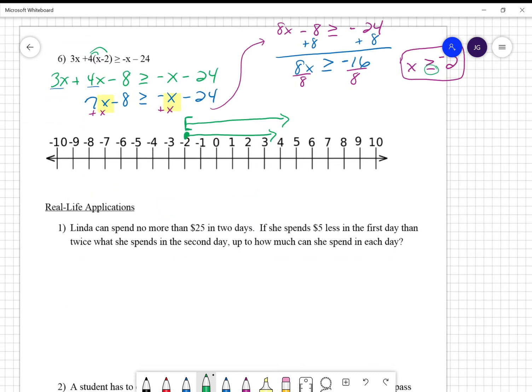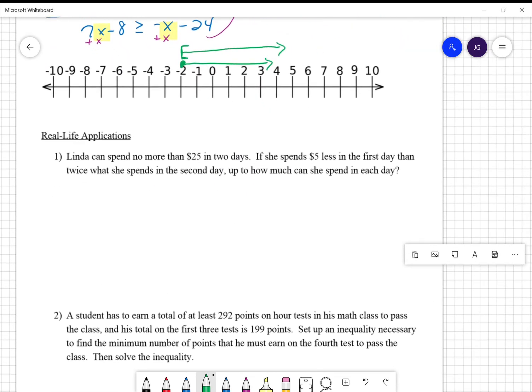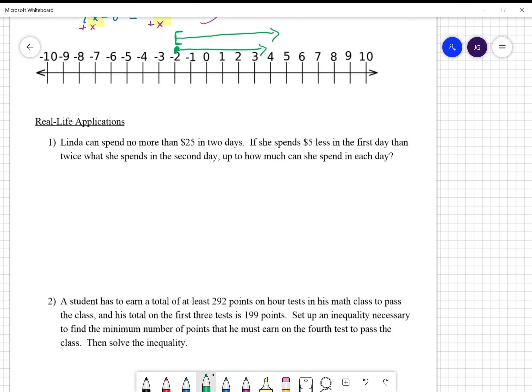Okay, word problem or two. Linda can spend no more than $25 in 2 days. If she spends $5 less in the first day than twice what she spends on the second day, how much can she spend each day? So I have 2 days.